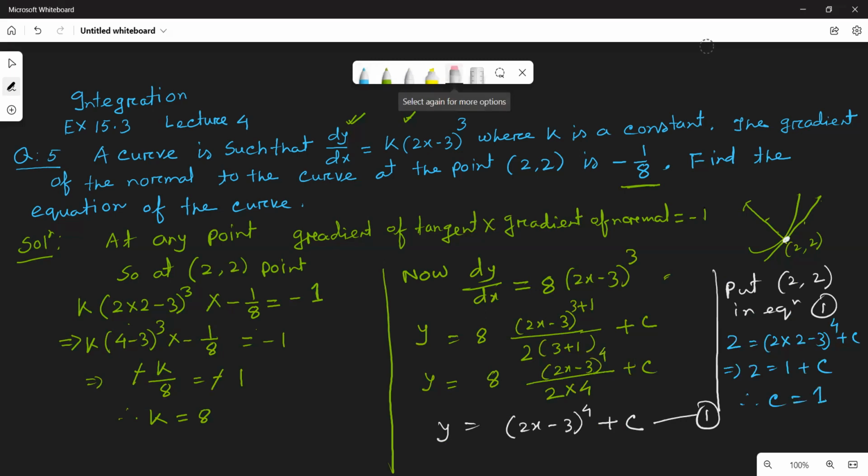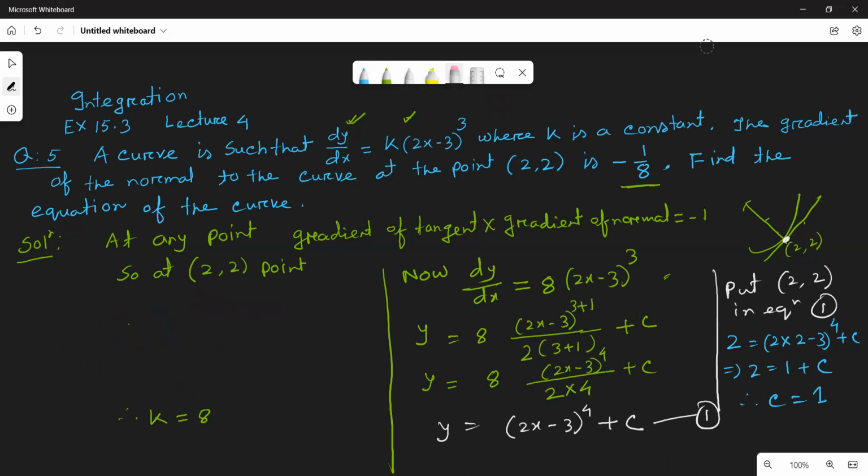Now finally we want to find the equation of this curve. So put c equals 1 in equation 1. We get the equation of this curve: y equals (2x minus 3) to the power 4 plus 1. So this is the equation of this curve.